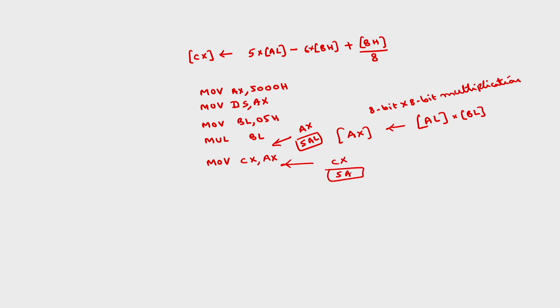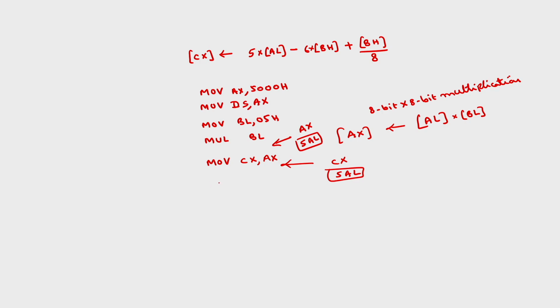Why? Because I want to use this AX in the other operations also. Because in multiplications and divisions this AL and AX will be used by default. That is why I want to store this temporary value, the intermediate value 5AL, into some register CX. Okay.